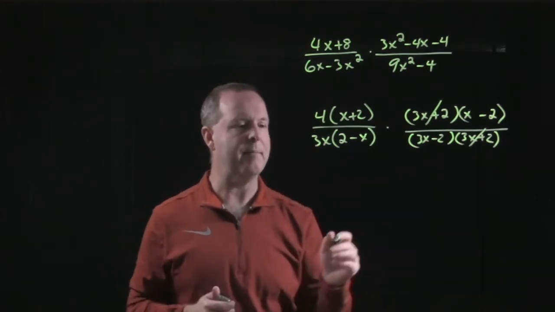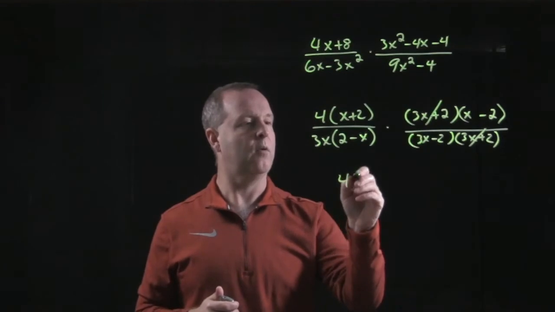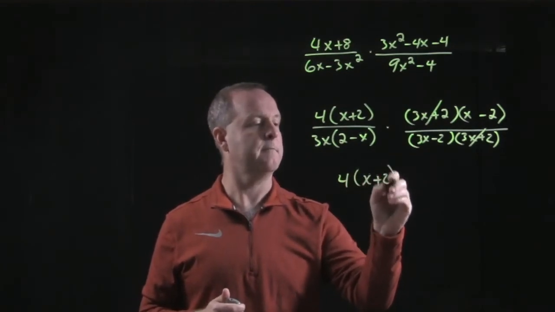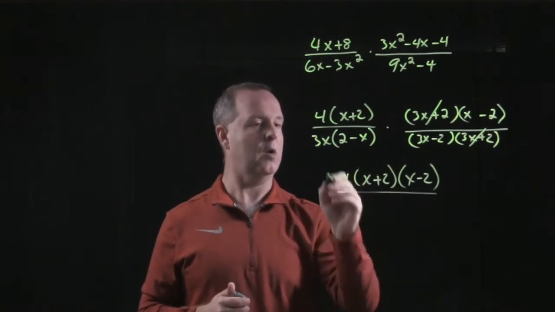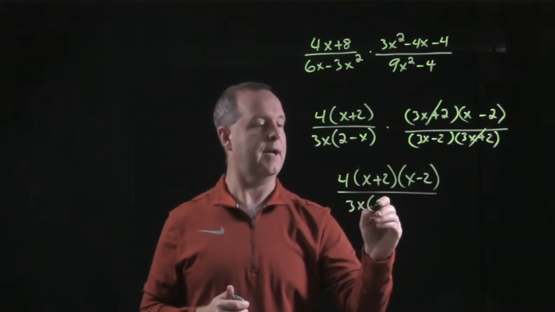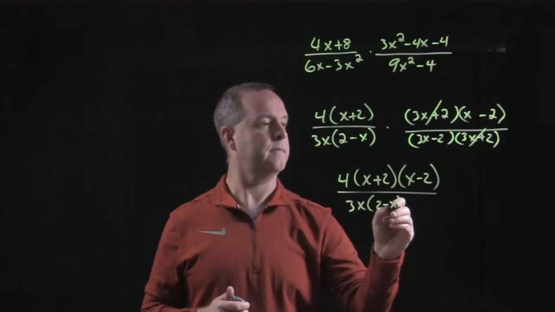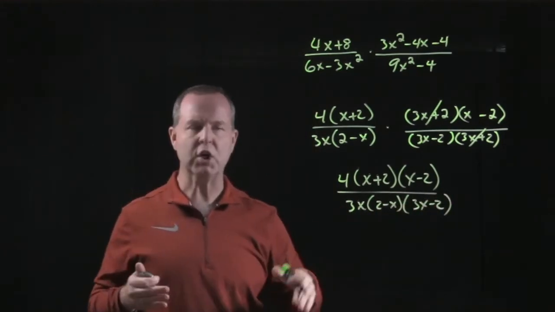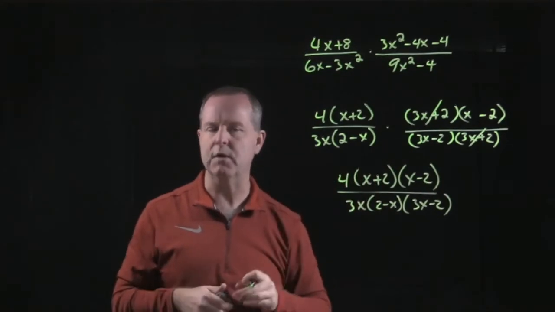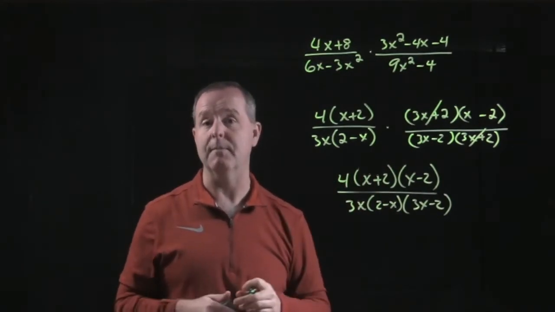So here, let's clean up my mess first. 4 times x plus 2 times x minus 2 all over 3x times 2 minus x times 3x minus 2. All right, it's always good to kind of clean up your mess as you go so you limit the possibility you're going to make a mistake.